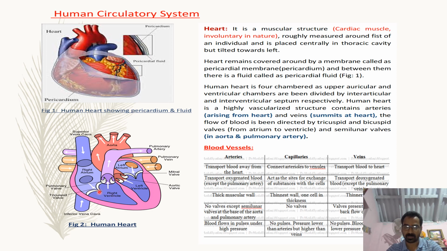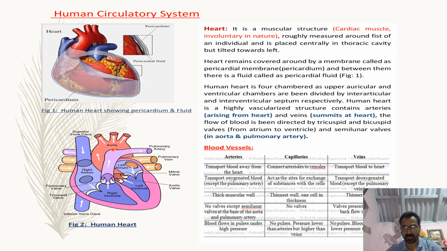This is the tricuspid valve. Then this ventricle pushes the blood to the lungs again, by means of the pulmonary artery. This is the pulmonary artery which goes to the lungs. We will see it in the double circulation process in the next slide.